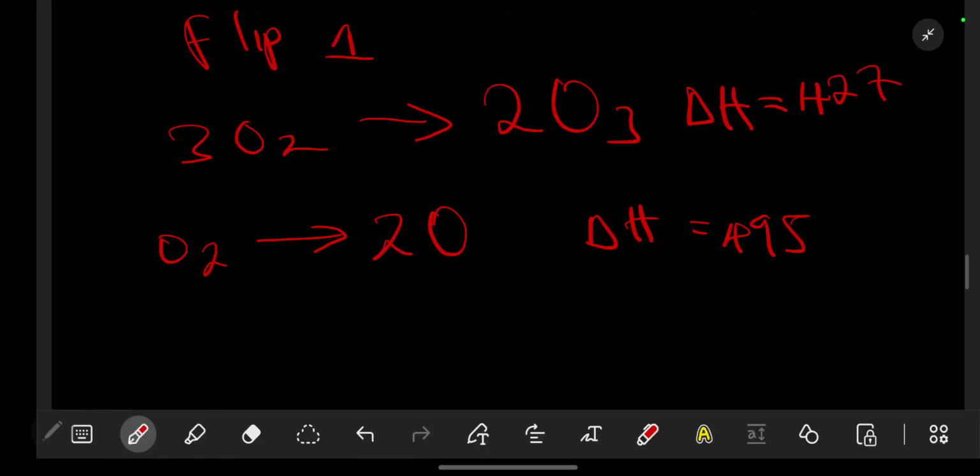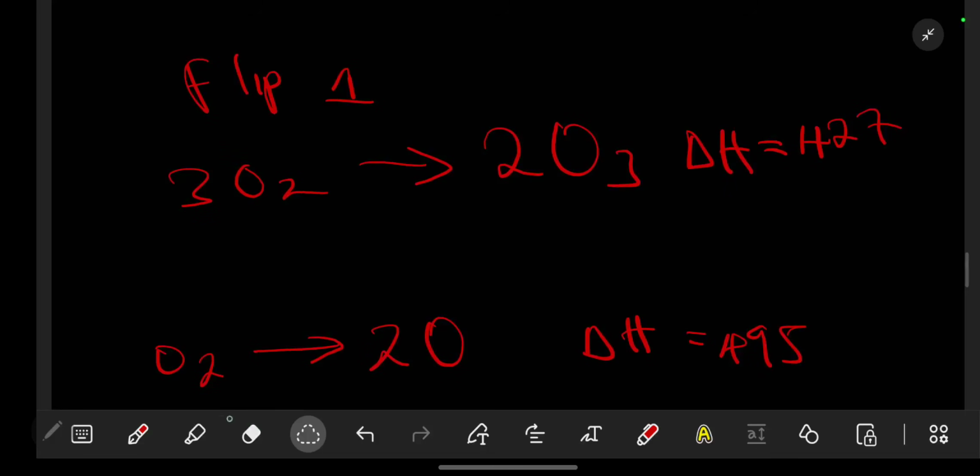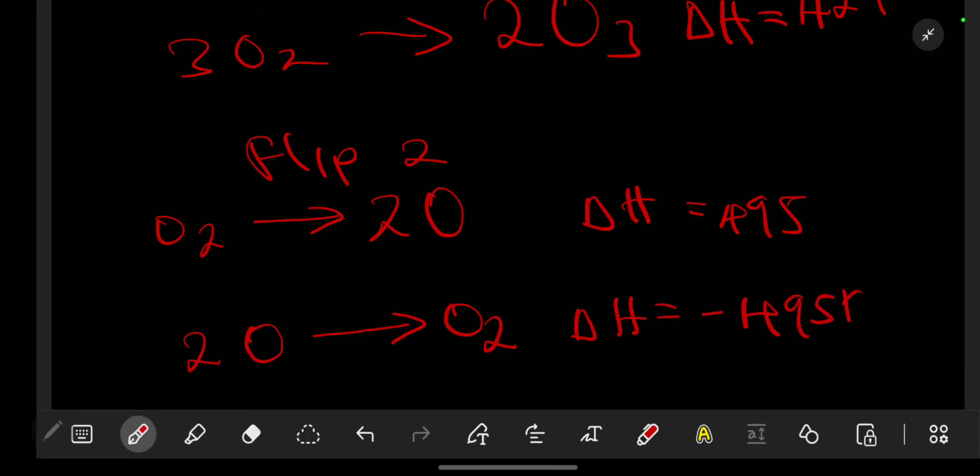So we are going to flip equation 2, so that our 2O becomes O2. The change in enthalpy will now become negative since we have flipped the equation.